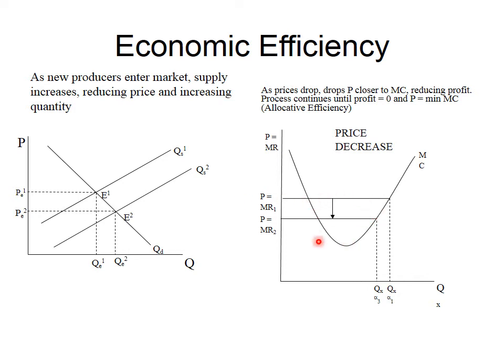Well, because of this profit, it's going to attract additional producers. If there's profit to be made, more firms are going to enter the industry to soak up some of that profit. When that happens, we're back to what we talked about, I think for the first time in lecture 4, on supply.